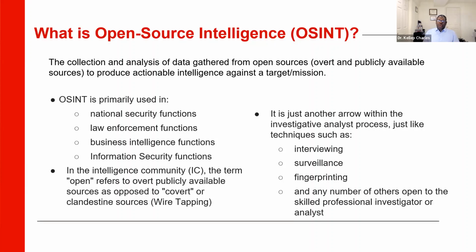As an instructor in my IAE 250 course, where we have a lengthy section on social engineering as well as open source intelligence, students will often ask, "Dr. Charles, is open source intelligence legal?" Like, is this particular function legal and can you get in trouble for it? So the answer is yes, open source intelligence is legal.